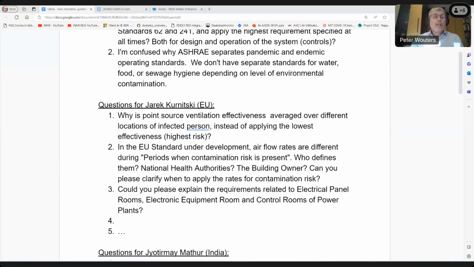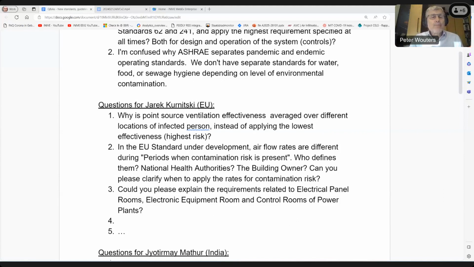Okay. Then a second question for you. So in the European standard under development, airflow rates are different during periods when contamination risk is present. So the question is, who defines them? Is it the national health authorities, building owners? Can you please clarify when to apply the rates for contaminant risk?